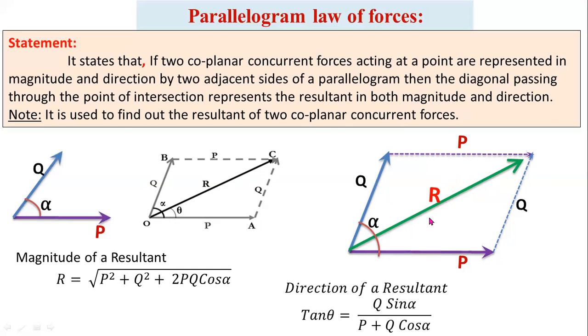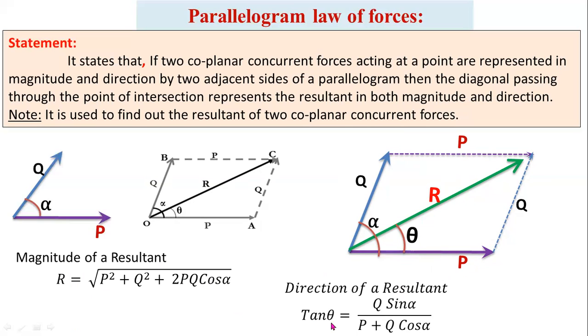From the derivation, the magnitude of the resultant is equal to the square root of P squared plus Q squared plus 2PQ cos alpha. This is the formula for determining the resultant of the two forces. Now tan theta, where theta is the direction of the resultant with respect to the x-axis, that is, with respect to the horizontal force, for example, or with respect to one force.